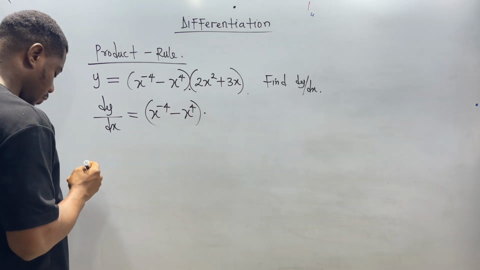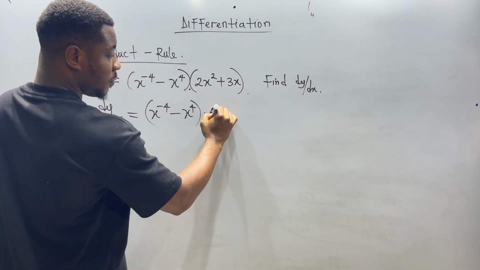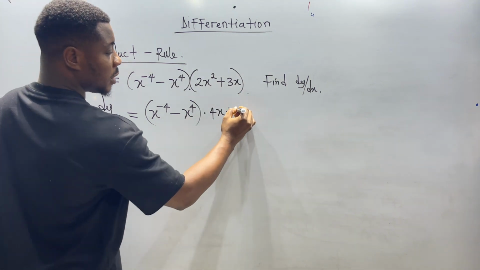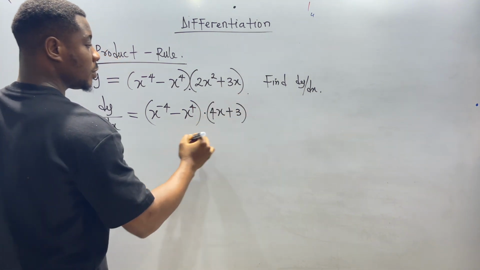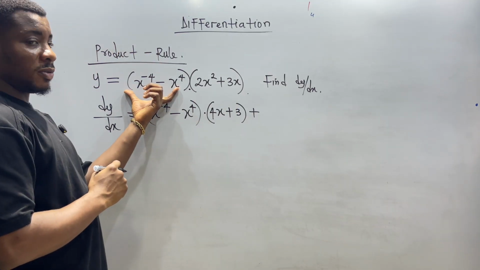Differentiating 2x squared, we have 4x. Differentiating 3x, we get 3. We close it. Plus, now remember, we kept this before.